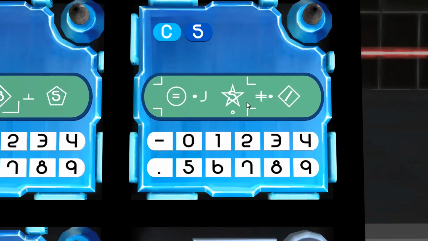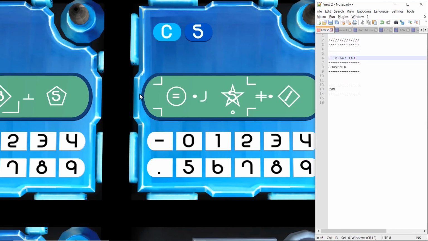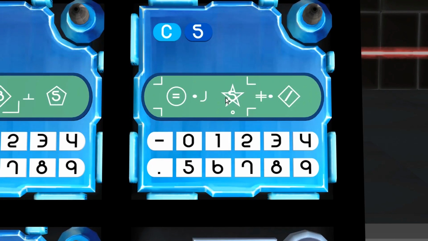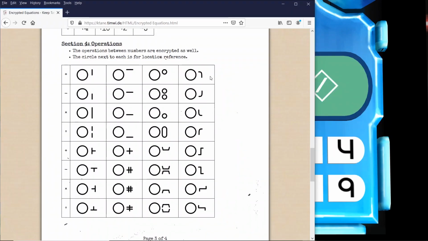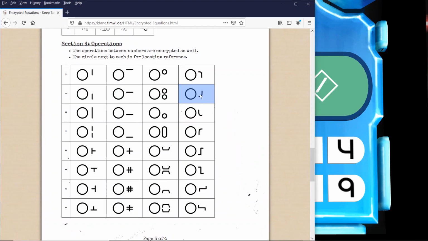Now we have to deal with operators. The operators are going to come in different shapes and also different positions, mainly these ones. So for this case, we have what seems to be a standard Juliet, and a standard Juliet is a minus in this case. As you can see, this symbol over here corresponds to this one over here.